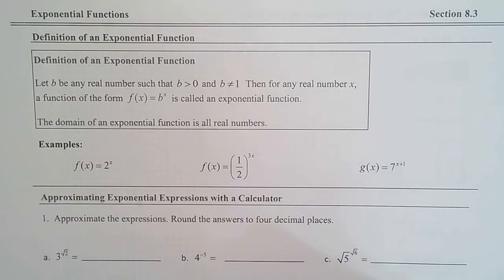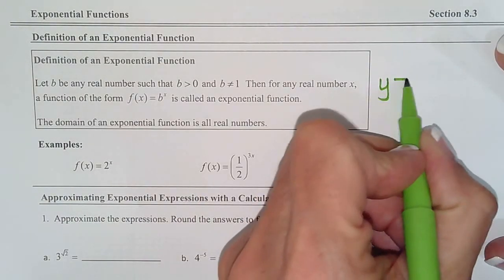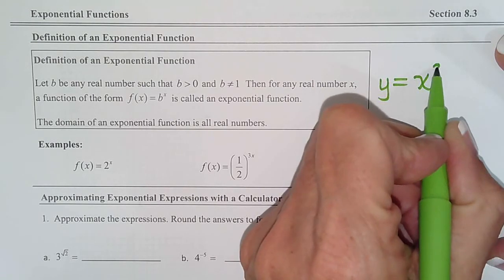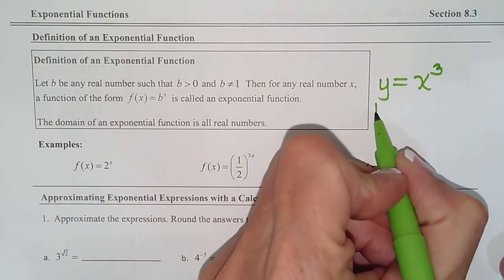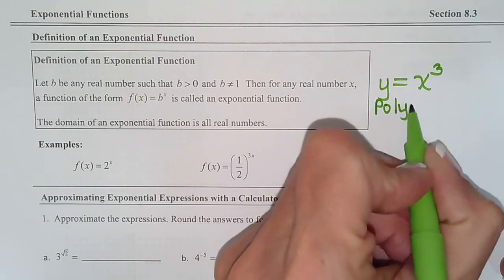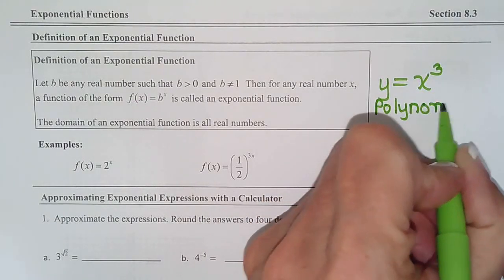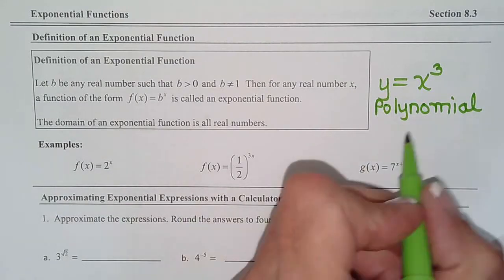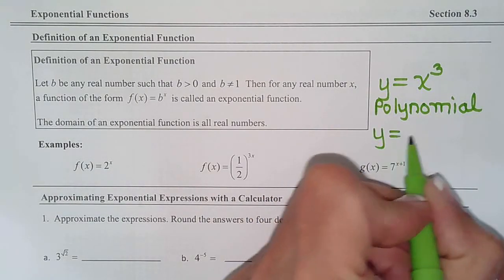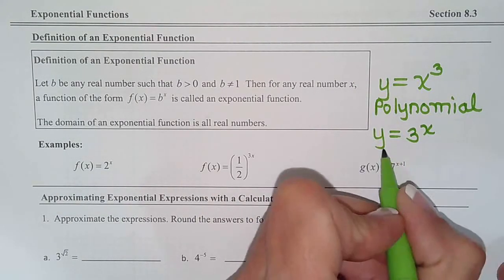So if we had y equals x to the third, that is not an exponential function because the x has to be the exponent. So this is called a polynomial function. It's actually a cubic function. But this is an exponential function.